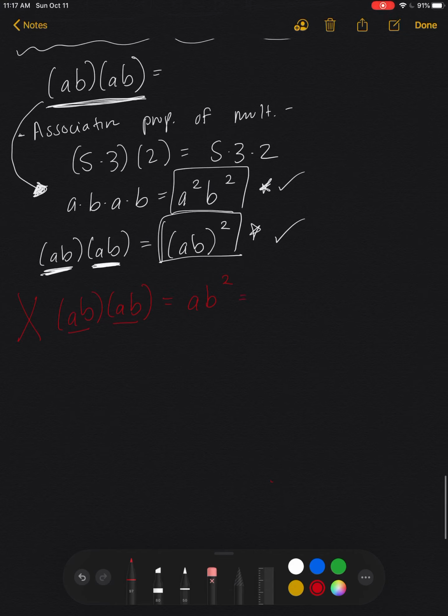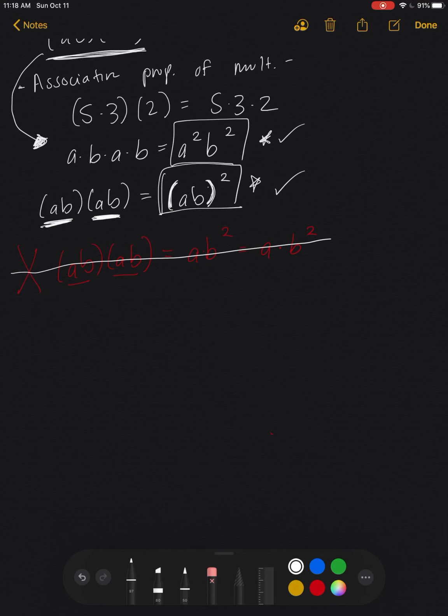Remember how two variables next to each other is multiplication? What this essentially means is A times B squared. You're not saying all of AB squared. You don't have the parentheses that you do up here that group them together. You're only squaring the B. So you can see you get a different answer.